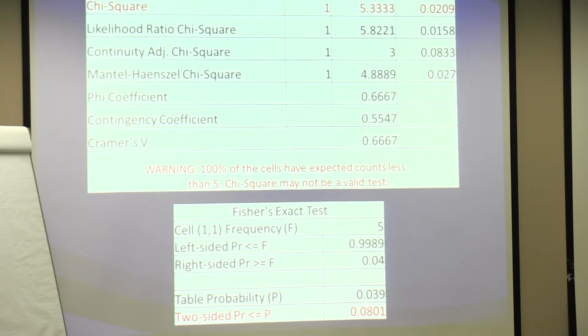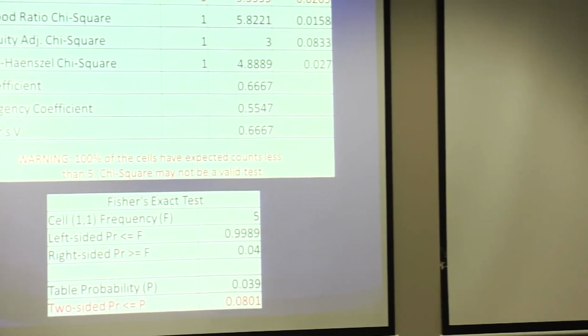So basically, just by comparing the p-values, you can see that Fisher's exact test is more stringent, more conservative, but really what you would say is it's more accurate. By those exact computational methods, you're arriving at a different conclusion than you would if you had ignored this warning and used your p-value up here.